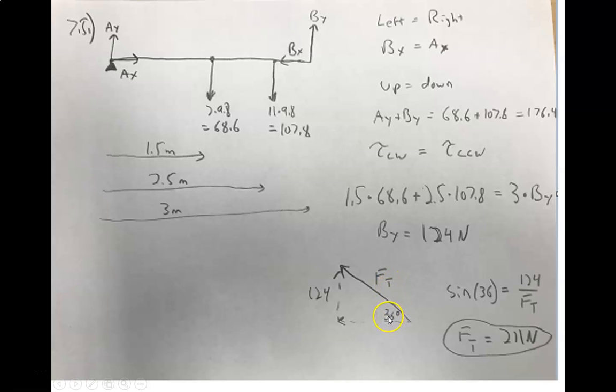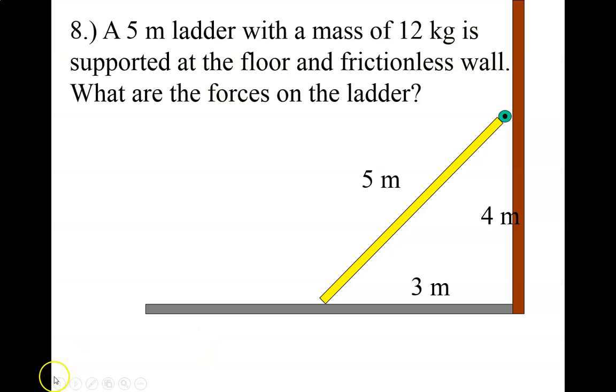So we say the sine of 36 equals 124 over b. I probably should have written that as b instead of F sub t, but it's really b. And you get that b, or F sub t, equals 211 newtons. Okay? All right, bear with me. We've got one more example, then we're calling it quits for the day.